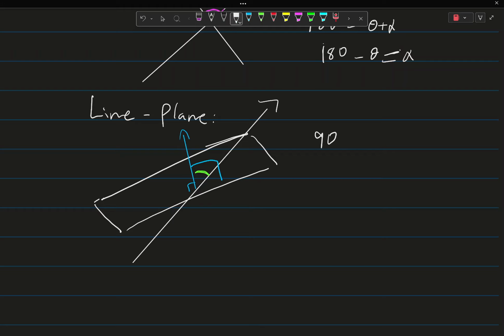So 90 equals theta plus alpha, with theta and alpha again, so alpha is 90 minus theta.